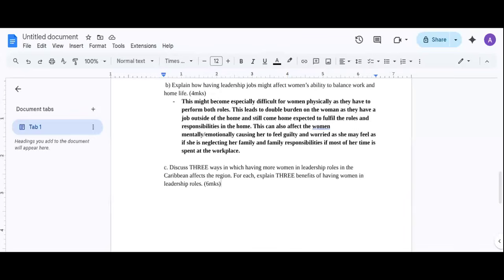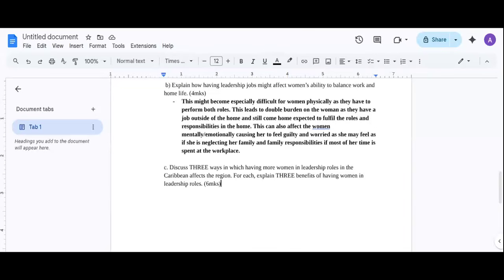Because based on the answer that is on the screen here, we're talking about home. Physically it affects them because they might have to come home after a long day and still have to fulfill the woman's responsibilities like cooking, doing homework with the children and all of that.